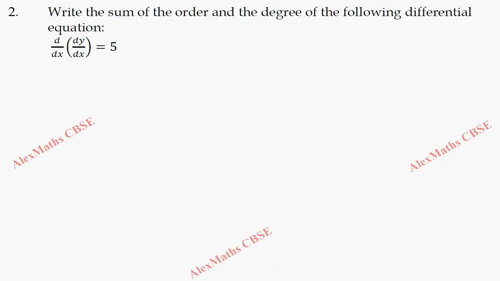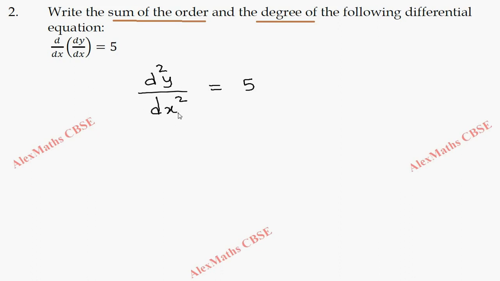Question number 2. They are asking to write the sum of order and the degree of the following differential equation. This can be rewritten as d by dx of dy by dx, which is d square y by dx square, which is given as 5.